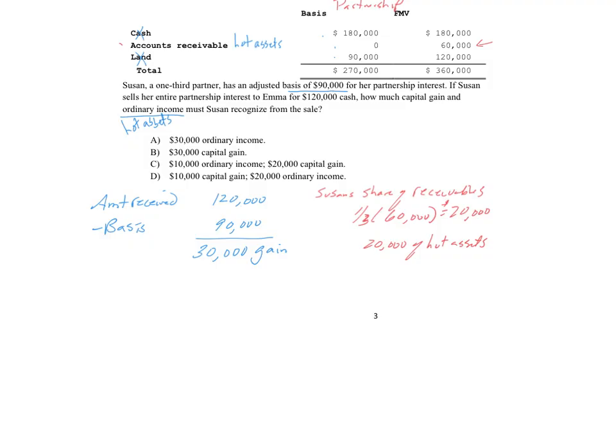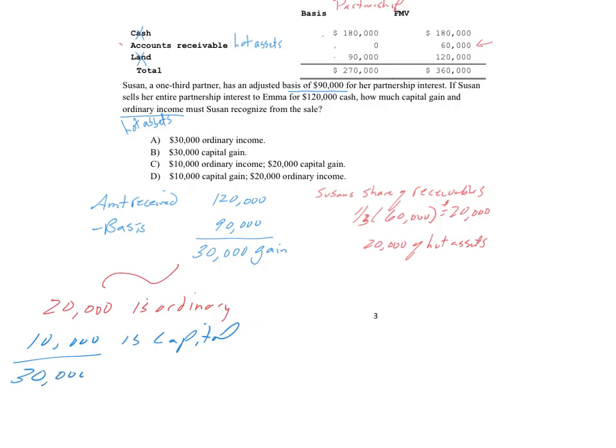Of that $30,000 of total gain, $20,000 is ordinary due to the sale of her share of the hot assets, and then $10,000 is capital because $10,000 did not come from the sale of the hot assets.